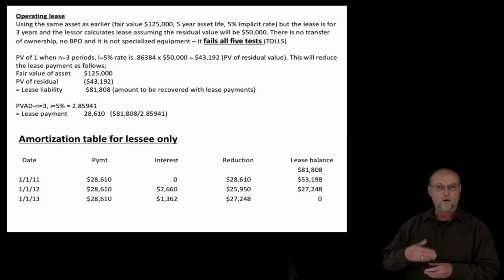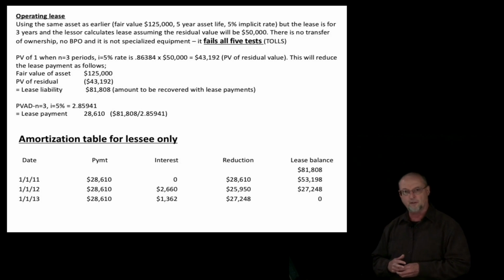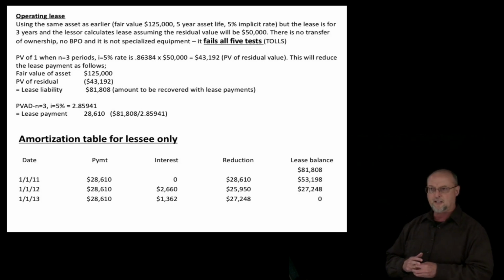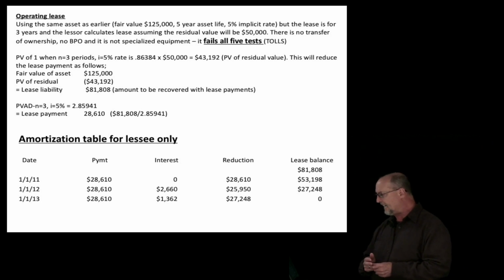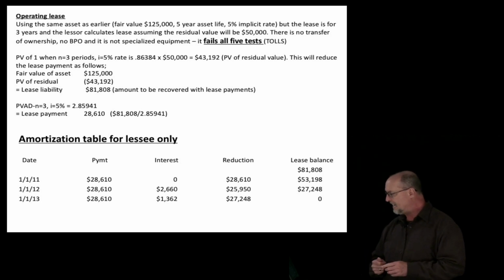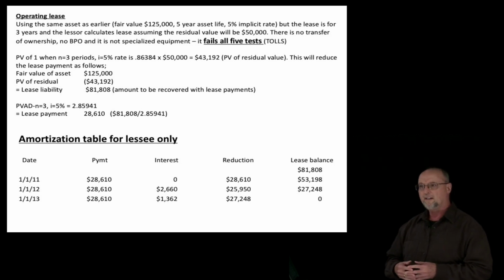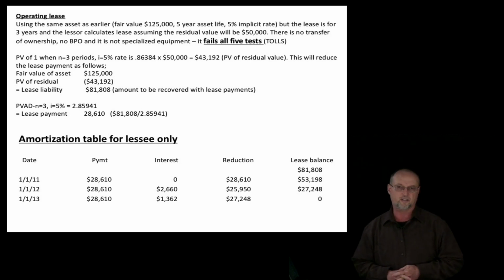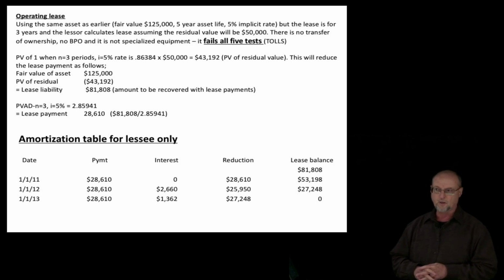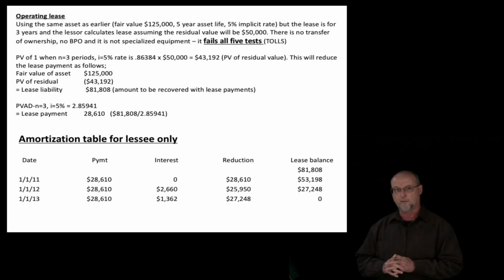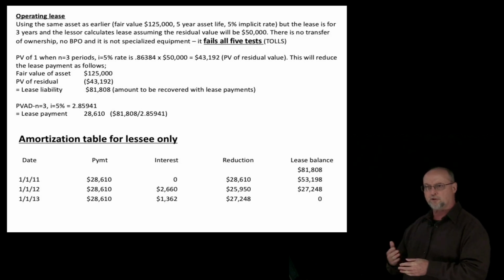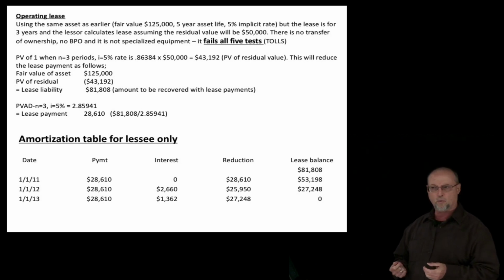$53,198. Now, with your calculators in front of you, we multiply $53,198 times 5%, and at the end of year 1, we have to accrue interest of $2,660. Okay? And we'll look at the journal entries in a moment. But these amortization tables, you should be comfortable with by now, how they work.